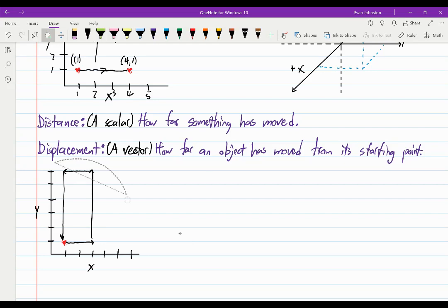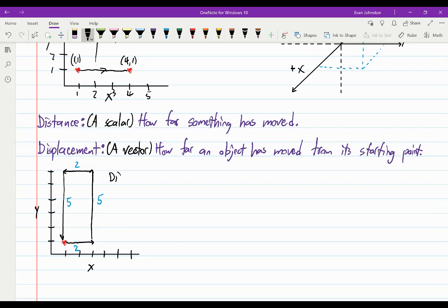So let's look at this. We've gone 2 units here. We've gone up 1, 2, 3, 4, 5 here. And we've gone back 2 here. And we've gone down 5 here. Well, 5 and 5 is 10, plus 2 is 12, plus 2 more, that's 14. So the distance, how far the ant has moved, is 14.